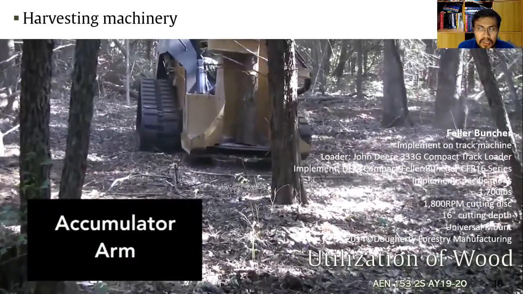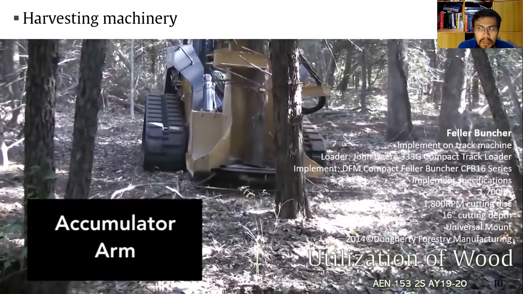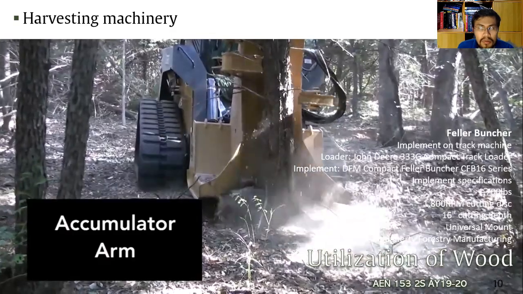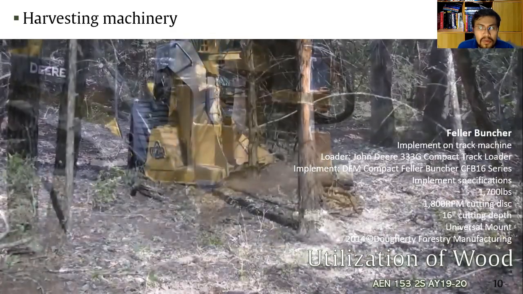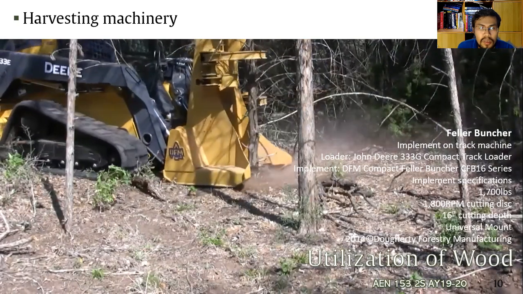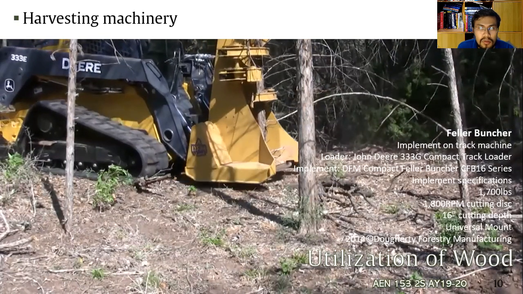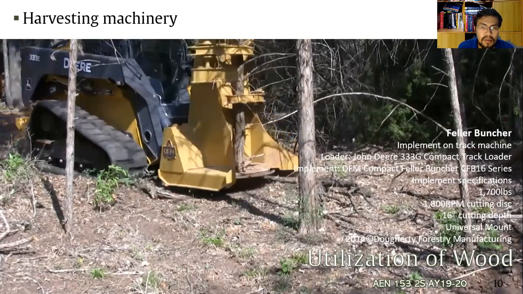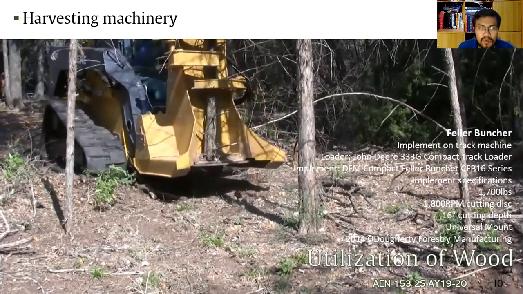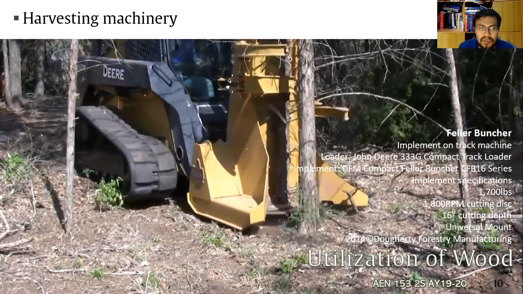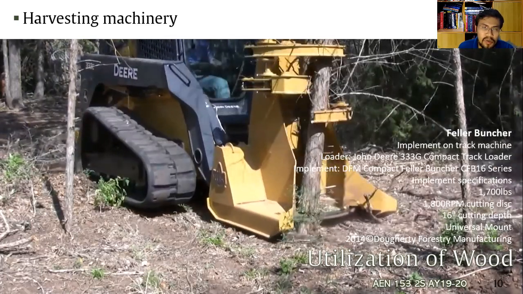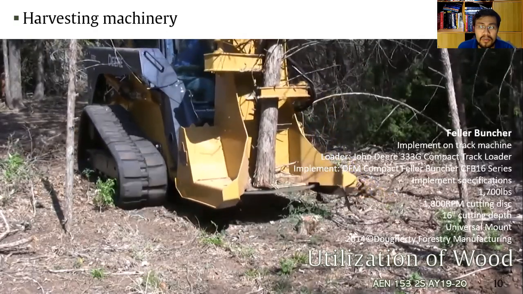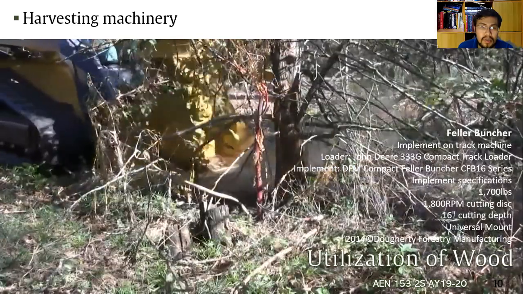The disc can cut up to 16 inches. The arms allow for multiple collection of the logs. The problem with this one is you won't be able to cut just any tree. You're limited to smaller trees, or probably plantation types.